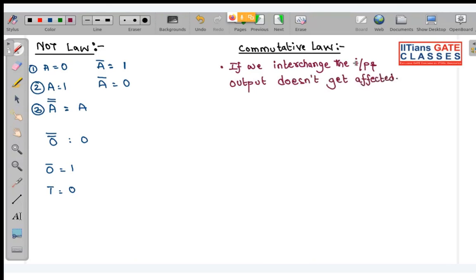If we interchange the inputs, output doesn't get affected. Okay, so this is your commutative law. Like A plus B, this is equal to what? B plus A. Okay, simple.